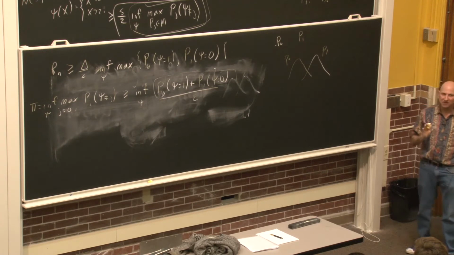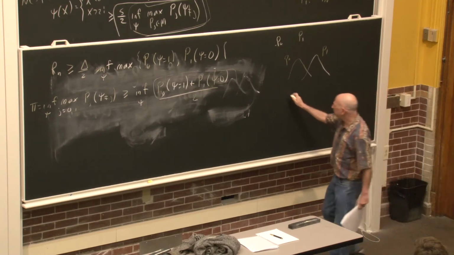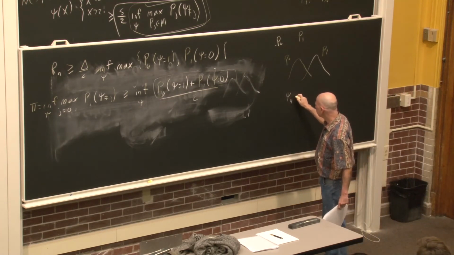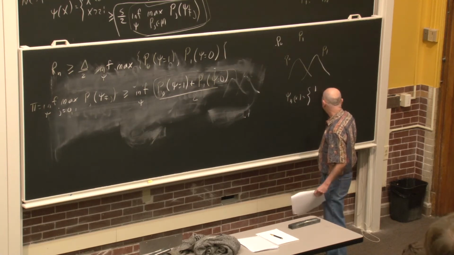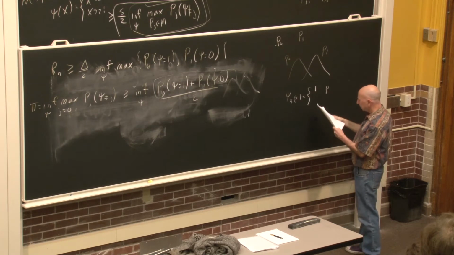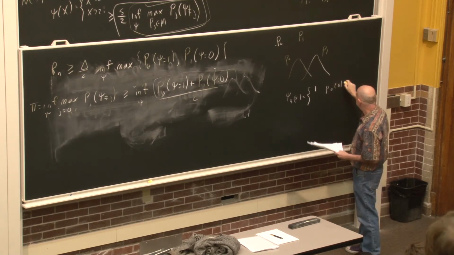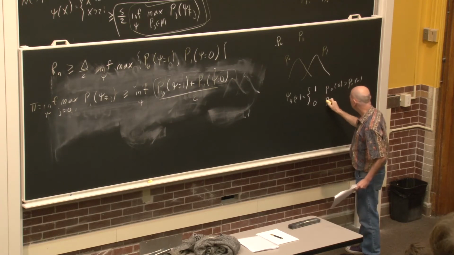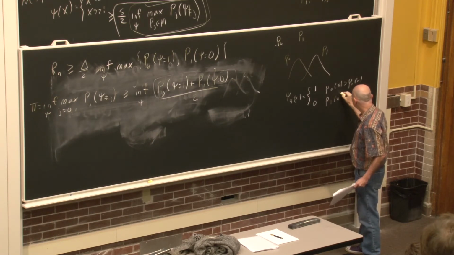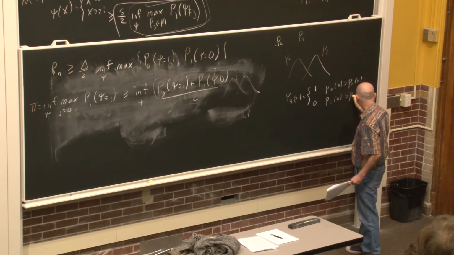The only difference is we're not fixing alpha. So the optimal test is the Neyman Pearson test, which is simply 1 whenever P1 of x is bigger than P0, and 0 when P0 of x is bigger than P1.